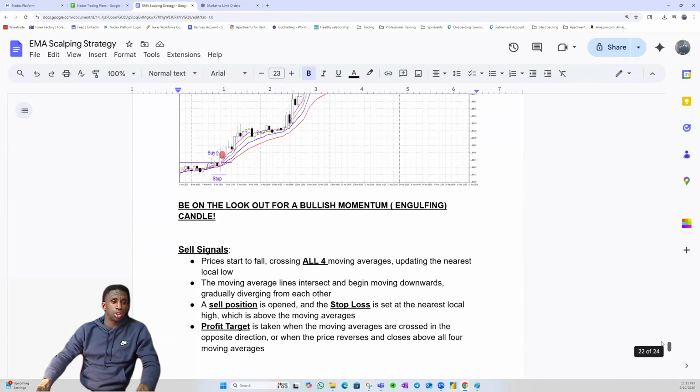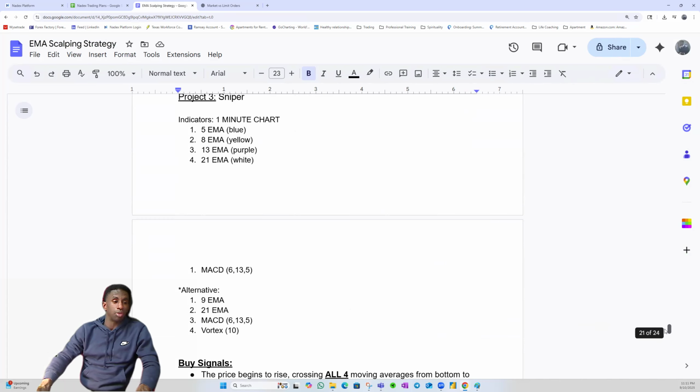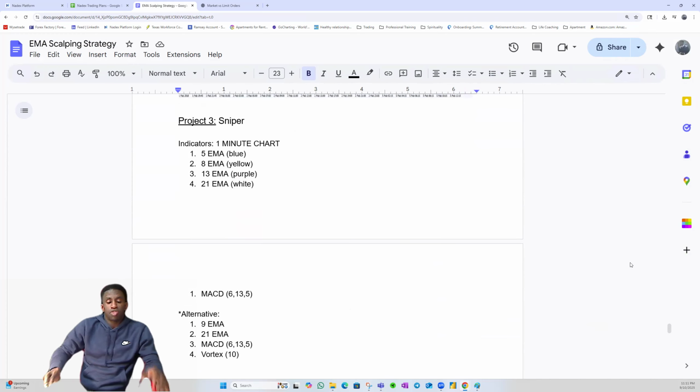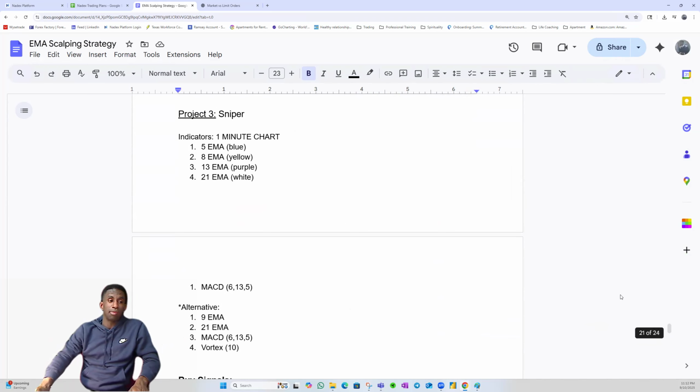Y'all probably seen these. I didn't come up with these strategies. Trick the Broker, I didn't come up with. I found it when I was first starting to learn how to trade on Nadex. I had found it somewhere, and then I just altered it. I added some indicators, took away some, and just fit it to how I thought would be useful to me. But I can't really take credit for all of these or any of them because I didn't come up with them.